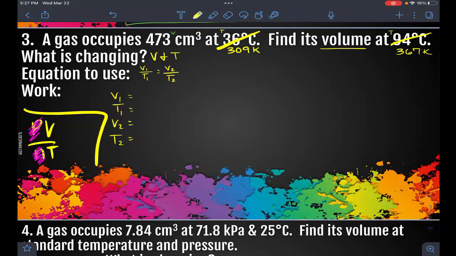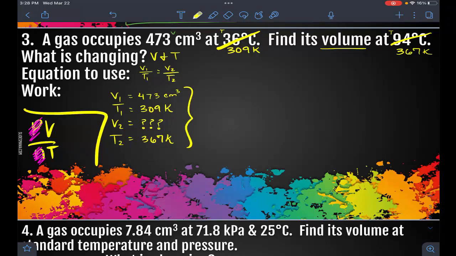A gas occupies 473 cubic centimeters. 473 cubic centimeters is a volume at 309 Kelvin. Find its volume, so the new volume is the question mark, at 367 Kelvin. All right.